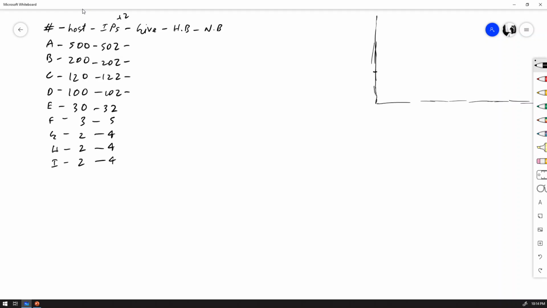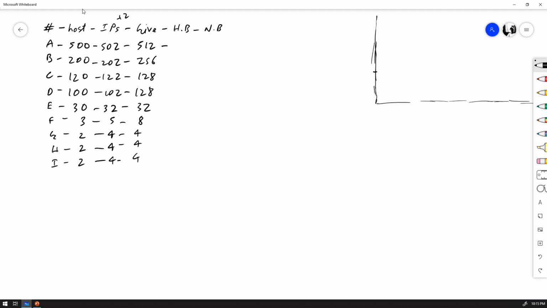And because they need 502 IP addresses, I'll have to give them 512, the immediately larger power of 2 than 502. This one needs 256, this one needs 256 as well. Oh no, this needs 128. This needs 128. This needs 32, 8, 4, 4, 4.